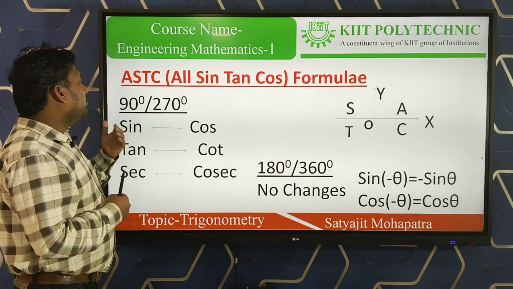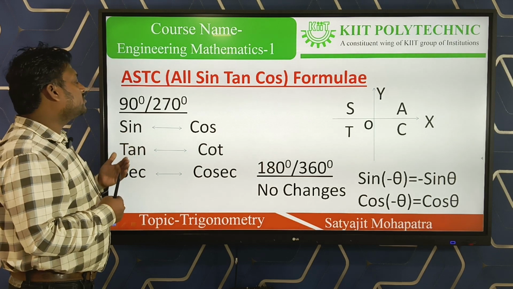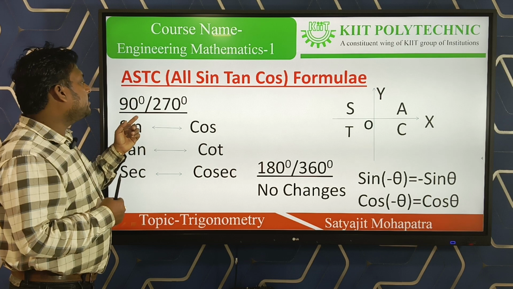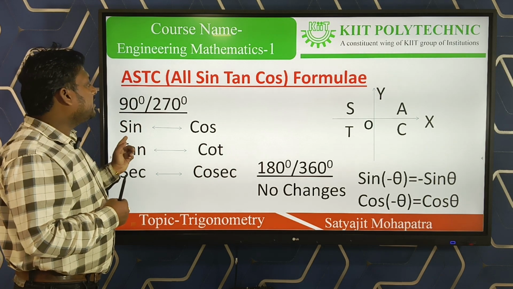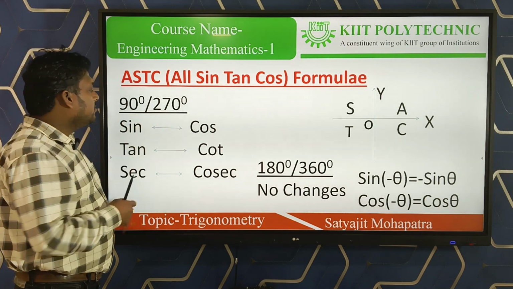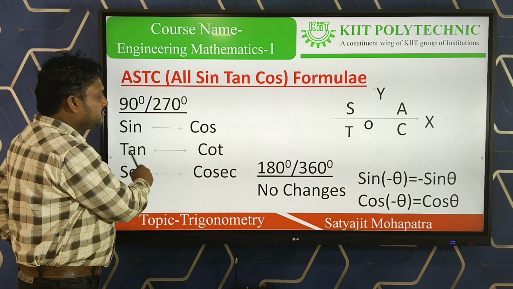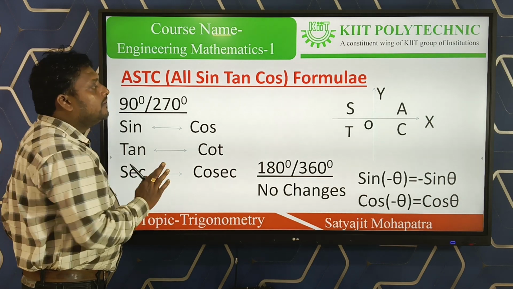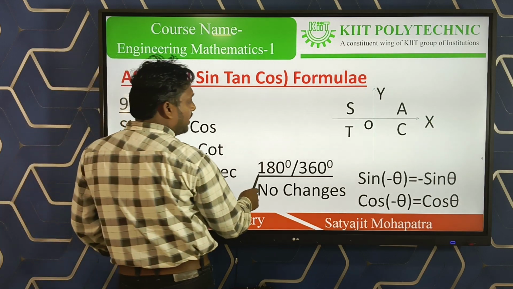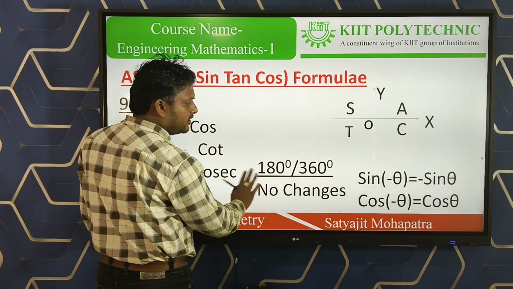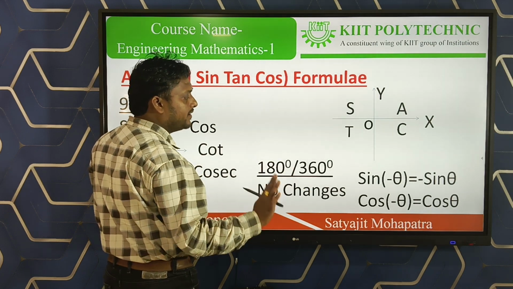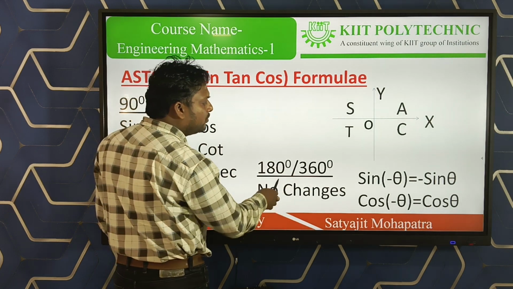That means when we do the problems or the derivation of formulas, if you see 90 degrees and 270 degrees, sine converts to cos and vice versa, tan converts to cot and vice versa, sec converts to cosec and vice versa. But when you see 180 degrees or 360 degrees, there will be no change. Whatever their ratio is, that will remain like that, no change.